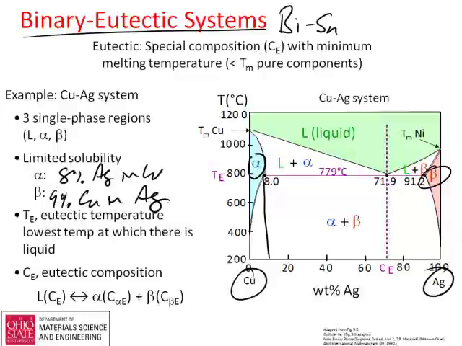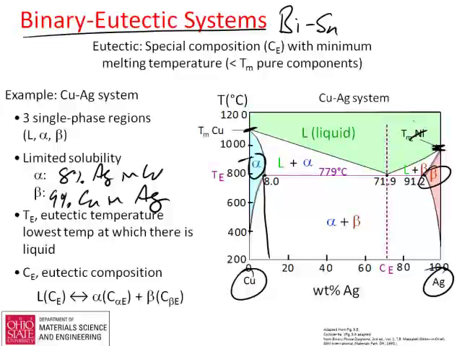And these have fairly high melting temperatures, each of them. The copper melts at about 1100 degrees C, silver melts at about 900 degrees C.